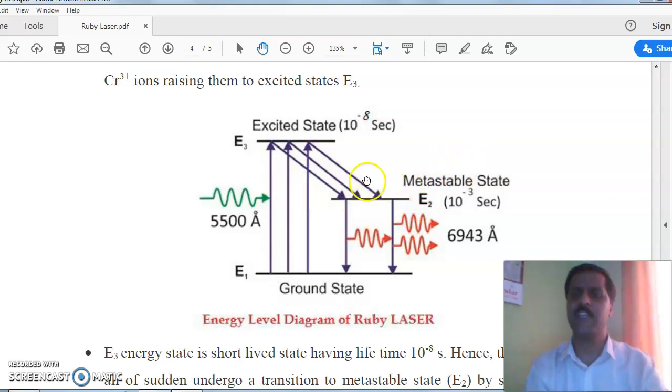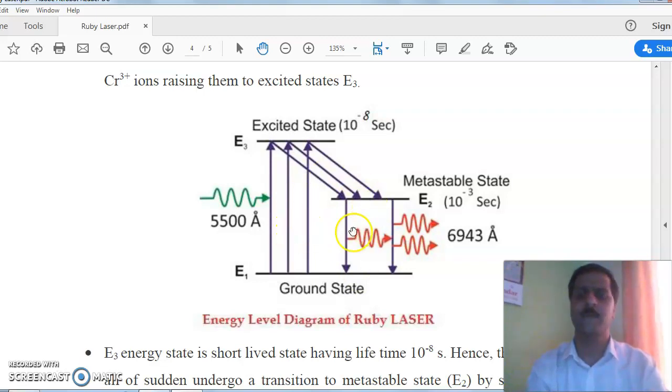When their number increases in this state by the high efficiency pumping device, then after achieving population inversion between E2 and E1 states, there is a laser transition having wavelength 6943 angstrom.